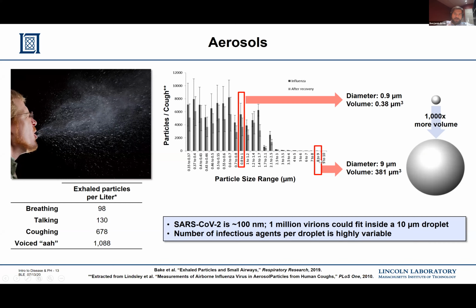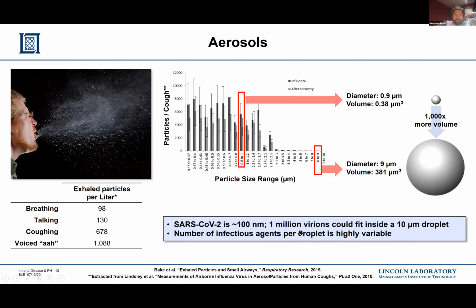With just one 9 micron particle, you have 1,000 of these smaller particles that equal that volume. So these particles here, in the 2 micron and above range, that's what we're trying to really tamp down with most masks. These are sort of sneeze and cough guards. And just one of these could do a lot of damage if somebody were to cough in your direction.